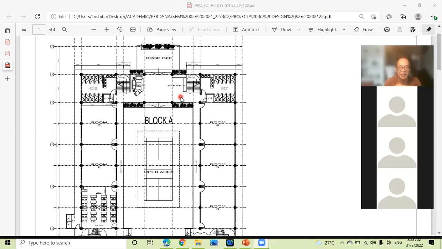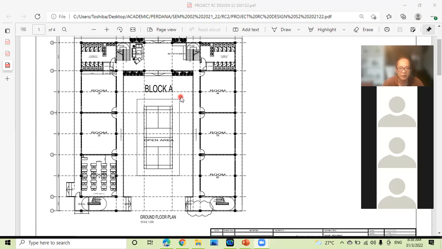Okay, your structural plan. For those yang during your intern, you were fortunate enough to be involved in maybe some structural design during your intern. Okay, so you are well aware of what is meant by a structural plan, ataupun setengah-setengah tu katakan framing plan.